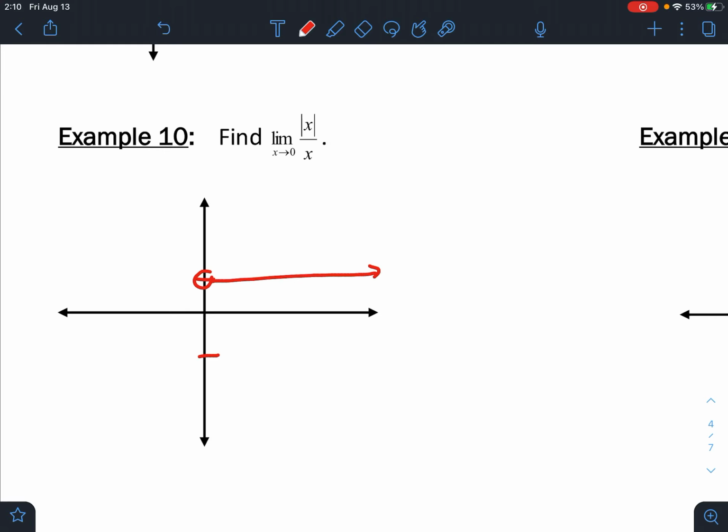But to the left side, since the numerator will be positive and the denominator will be negative, we're going to have a graph that looks like this. So as x approaches 0 from the left, our limit is negative 1. But as x approaches 0 from the right, our limit is 1. Those two limits disagree, so this limit does not exist.